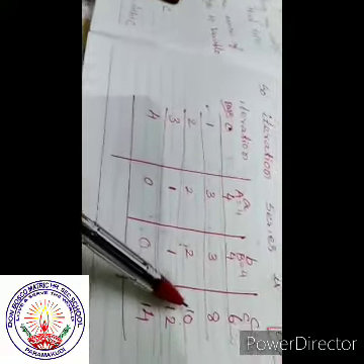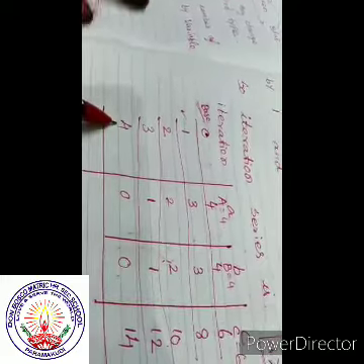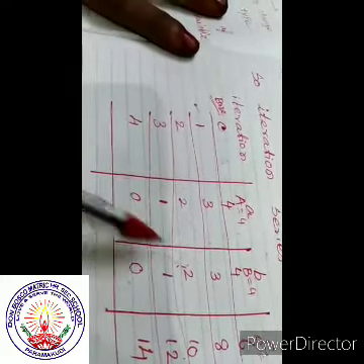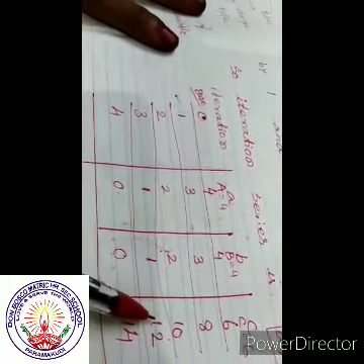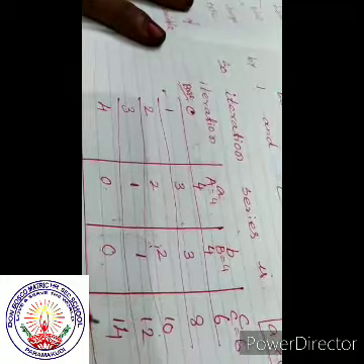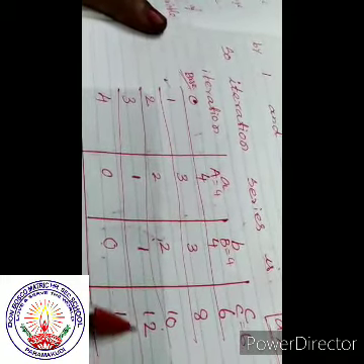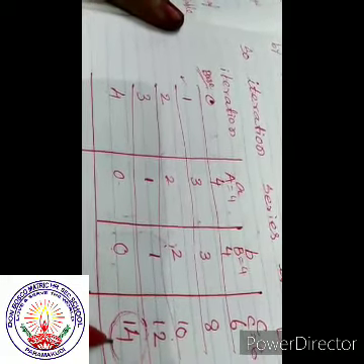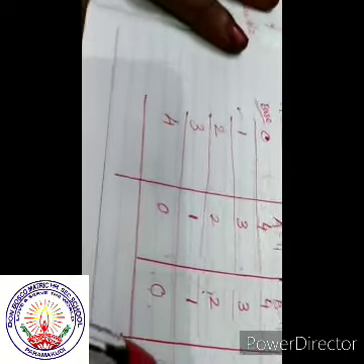B equals 2 minus 1, 1. C equals 10, so 10 plus 2 is 12. And the fourth meeting, A having 1, so 1 minus 1 is 0. B equals 1, 1 minus 1 is 0. C equals 12, so 12 plus 2 is 14. So in the last step, C has the same color: all the chameleons are the same in color. A, B, C are all the same in color.